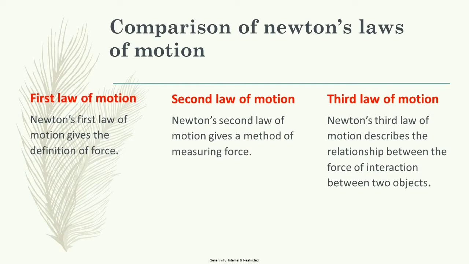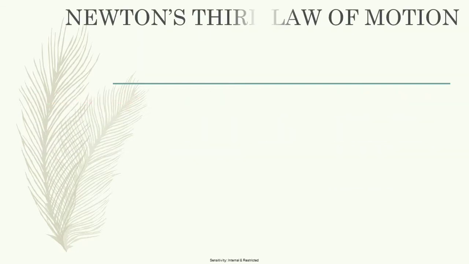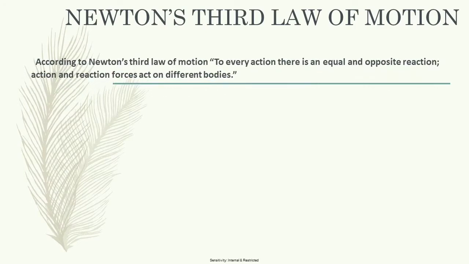So now we will see Newton's third law of motion, which describes the relationship between the force of interaction between the two objects. According to Newton's third law of motion, to every action there is an equal and opposite reaction. Action and reaction forces act on different bodies.